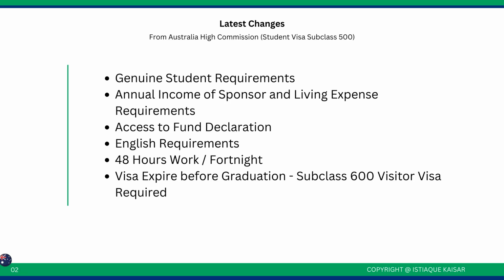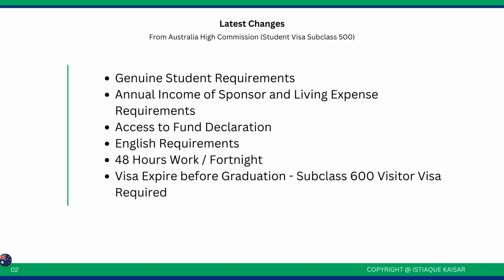You need to declare that the sponsor gives an affidavit with a declaration that the student has full access to the fund. And at the time of application, in the application manual, you need to declare the same thing: how are you getting access to the fund from your parents?